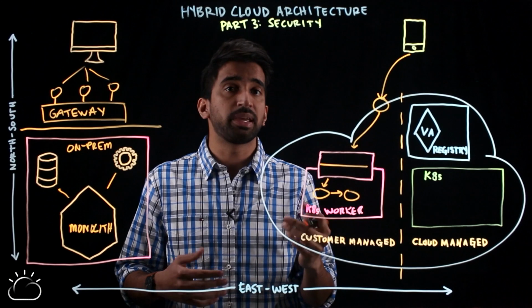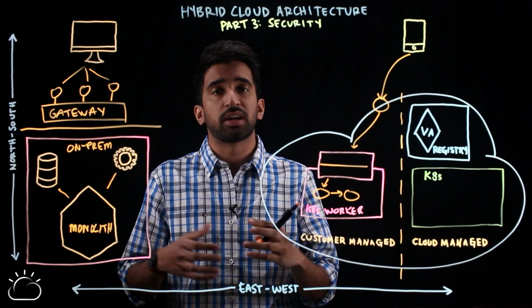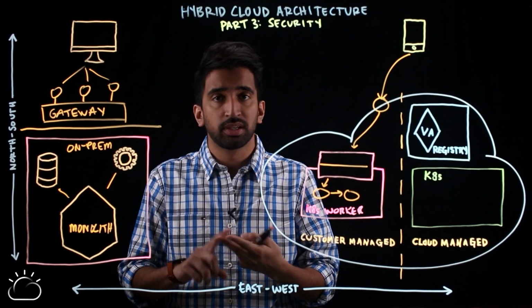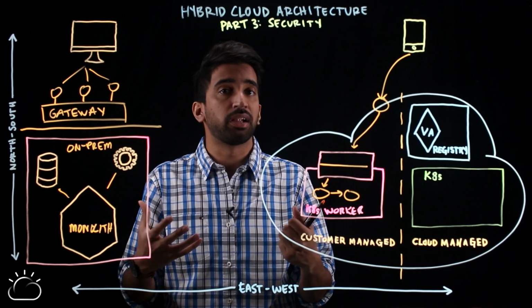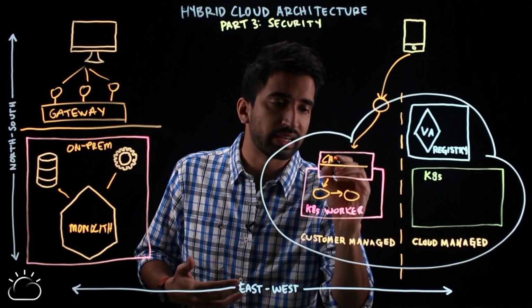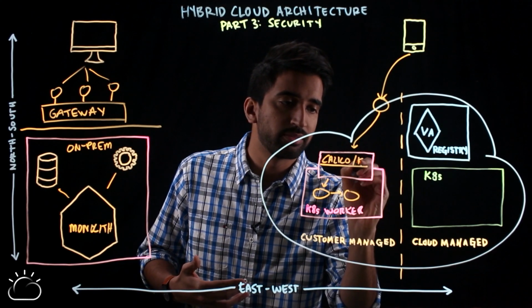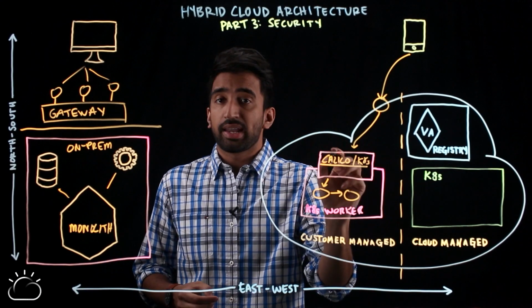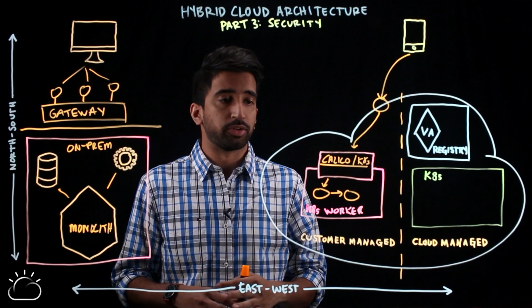The first is going to be at layer 3, which is, if you're familiar, things like IPs and ports. Basically, it allows you to configure policies for any network interface. That's going to be done with things like Calico or the native Kubernetes API policies. So that handles the layer 3 security level.